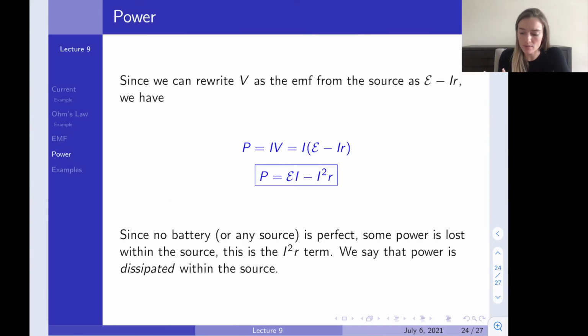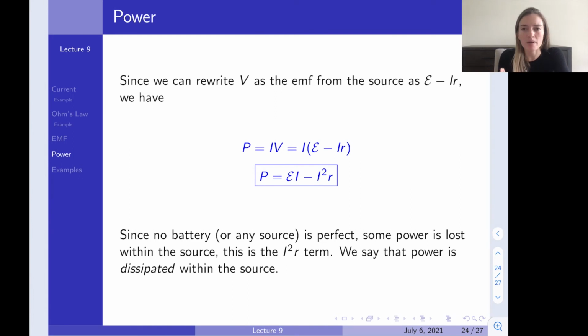Now, we can also rewrite power using the EMF from our source. So we said that the voltage in a non-ideal battery is given by the EMF minus the current through the battery times the internal resistance of the battery. So if you just replace the V in our P equals IV equation with this E minus IR, we get this equation.